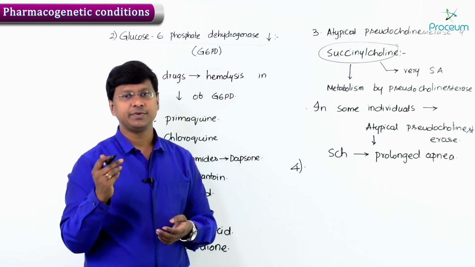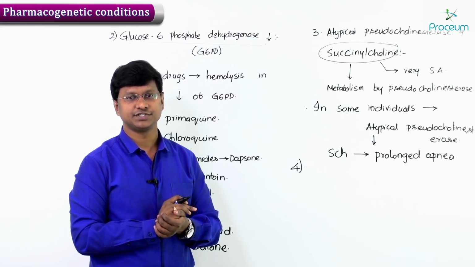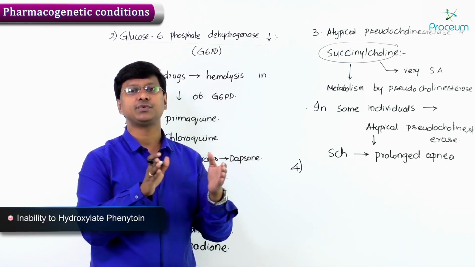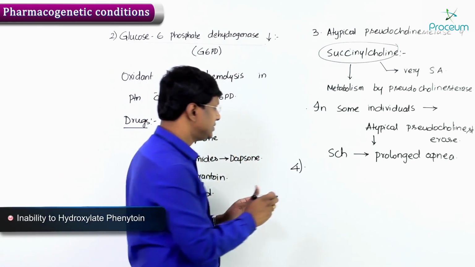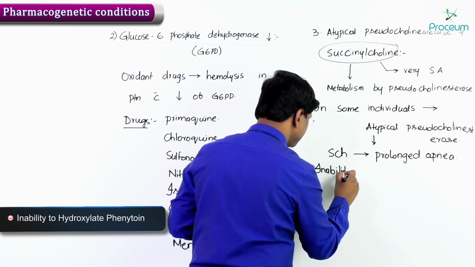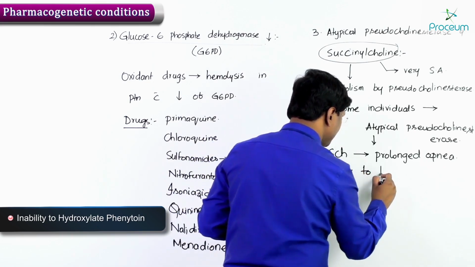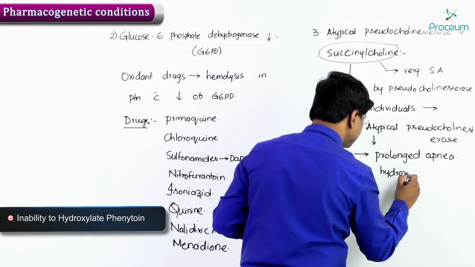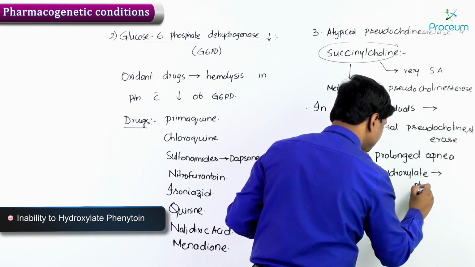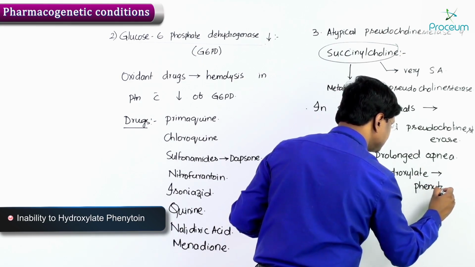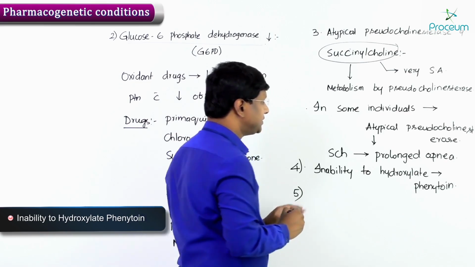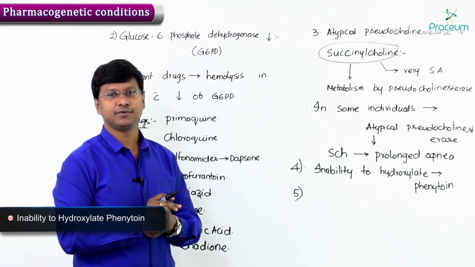It has to be metabolized by the process of hydroxylation, and there is a group of individuals who have inability to hydroxylate phenytoin. So that is another genetic polymorphism.